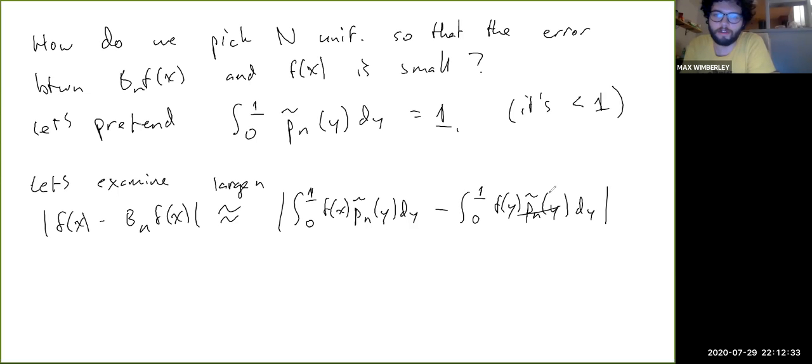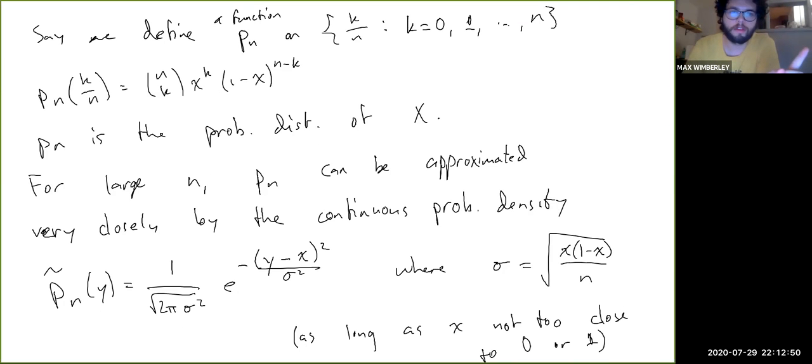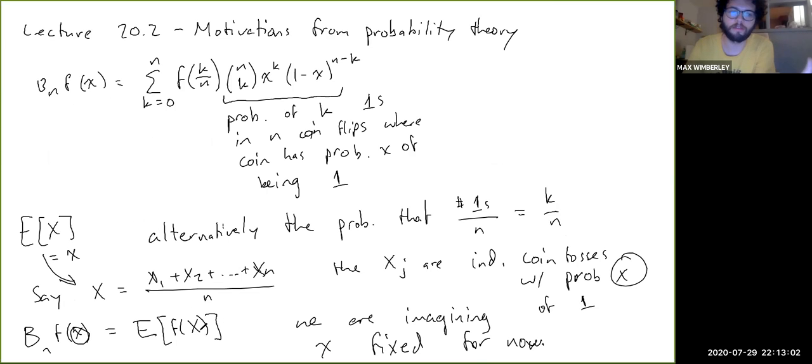And then over here, this is close to bn f of x by exactly what I was just saying before, right? What I'm saying is that bn f of x is very closely approximated by this integral from 0 to 1 of f of y pn tilde of y. And that's because, remember, this is the binomial distribution that bn f of x is defined by, as the expected value of f of this average variable with the binomial distribution, right?